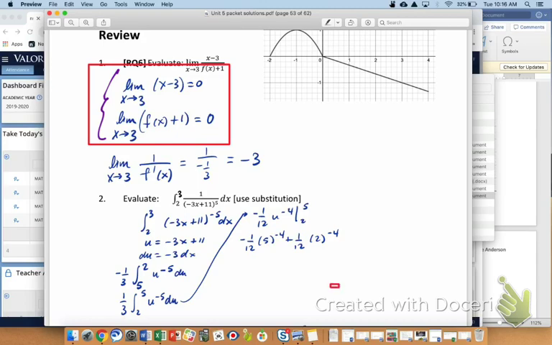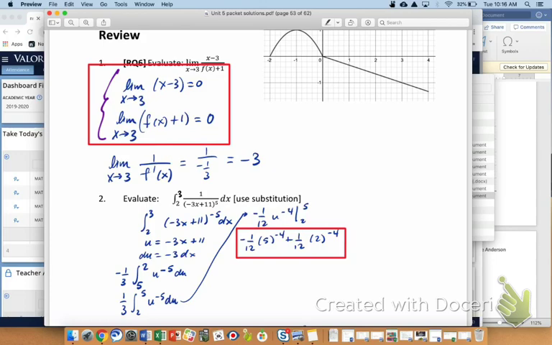I'm sure many of you are aware, this one could easily have been done just with the straight-up chain rule pattern that we've looked at. It could have been done that way without much difficulty. But I did ask you to use substitution because I wanted you to practice that, and it is definitely a necessary skill.